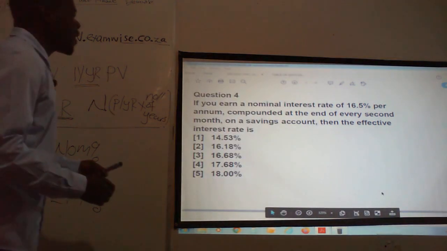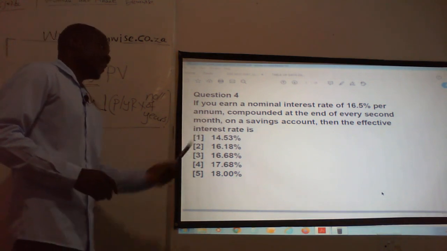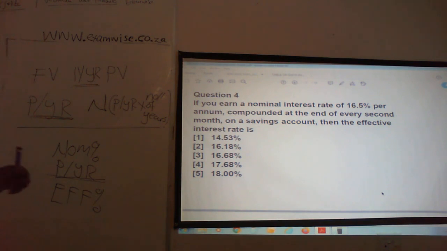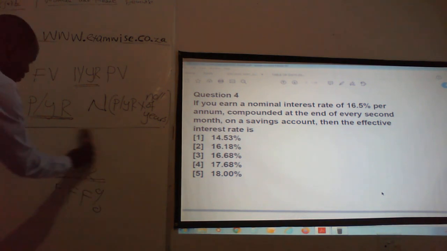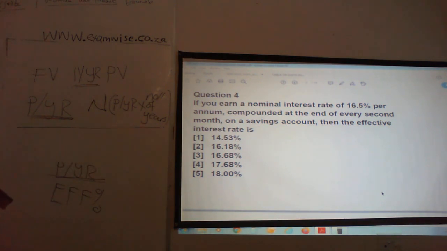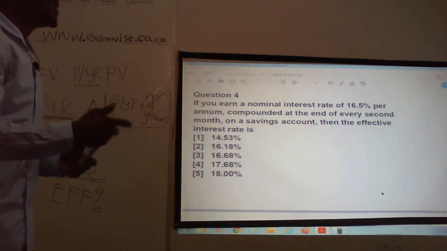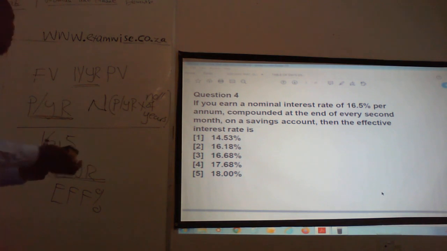So if you earn a nominal interest rate of 16.5%, our nominal interest rate here is 16.5. So to enter it, we start by entering the number 16.5, and we enter it as it is. We don't convert it to a decimal.